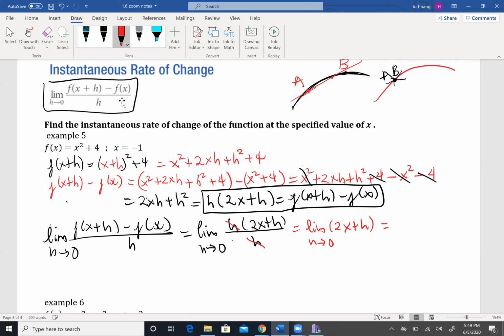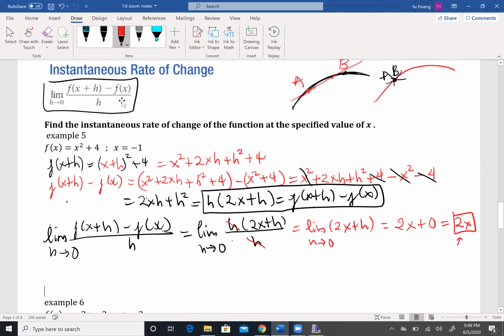And now I can directly substitute to get 2 times 0 plus, no, not 2 times 0. Why did I put 2 times 0? 2x plus 0. And I will get 2x. Okay. Again, what is that?